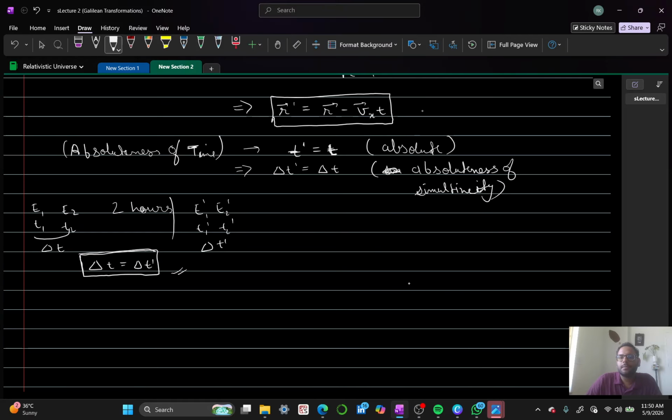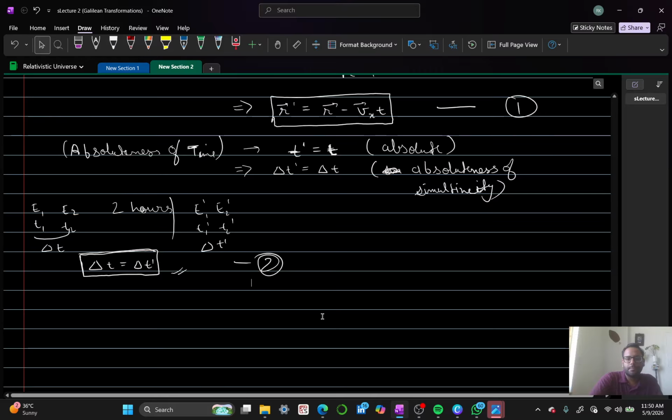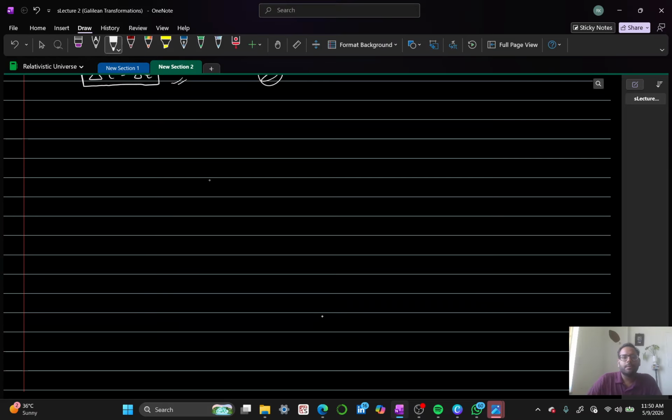Let me call this equation 1, and this equation 2. So I can write equation 1 explicitly in t, x, y, z coordinates.